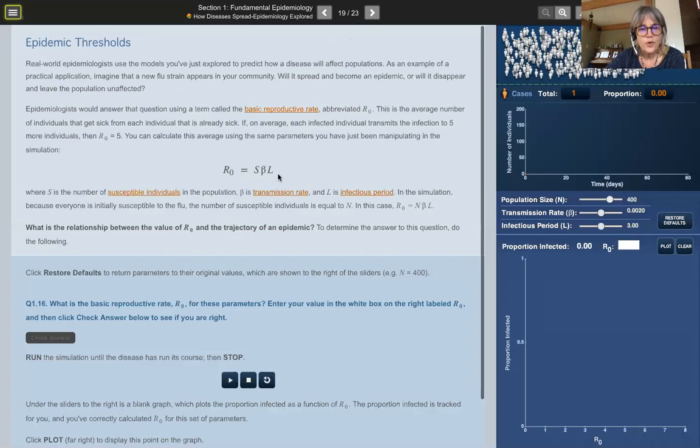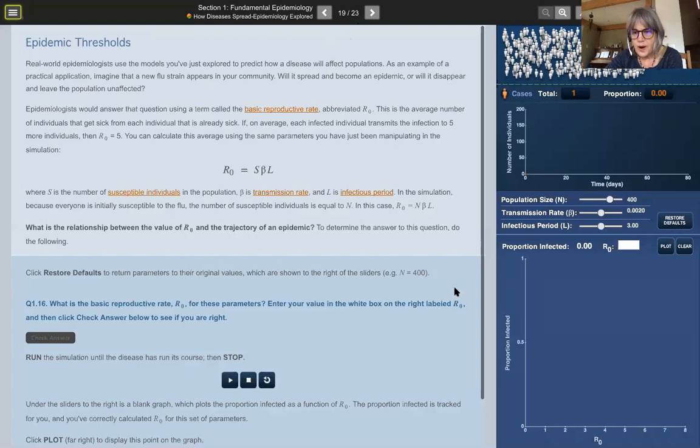And you have this formula right here, which talks about the reproduction rate of the microbe that is causing the disease. It has to do with the population size, the transmission rate, and the infectious period. S is the population size.